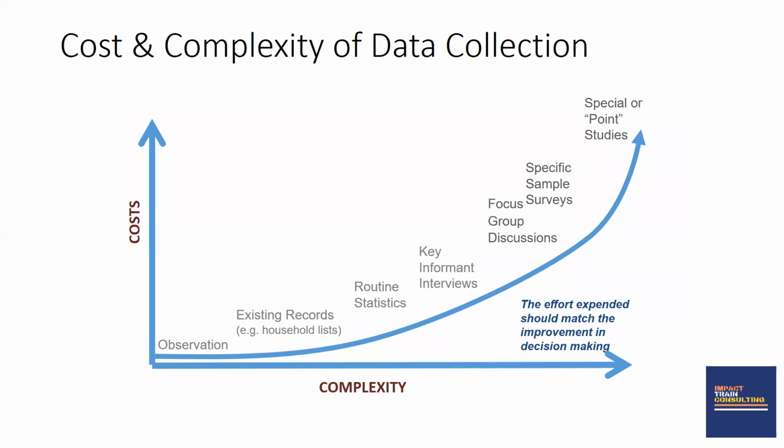Let us look at the cost and complexity of data collection. This graph is showing you the different methods of data collection from the least expensive to the most expensive.